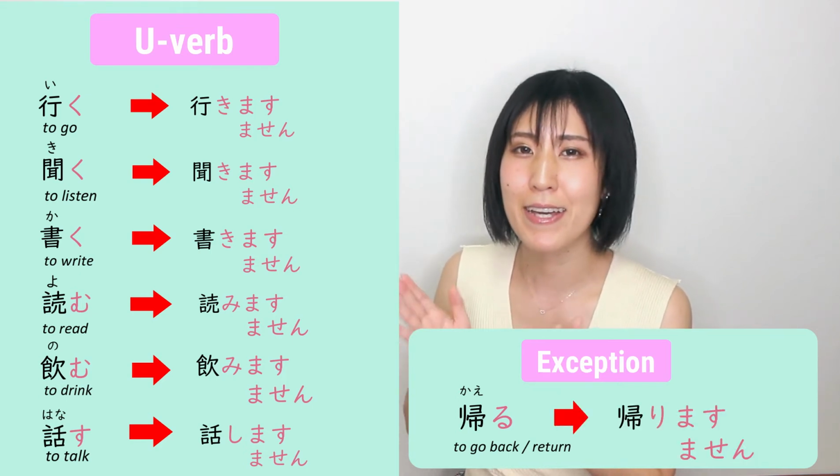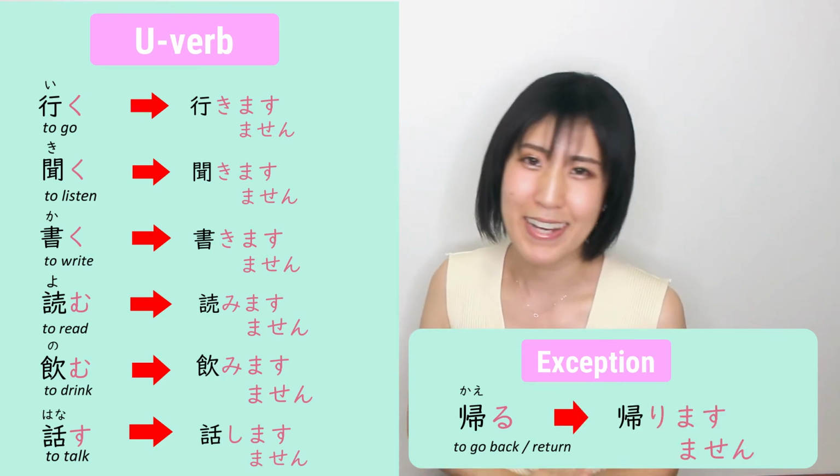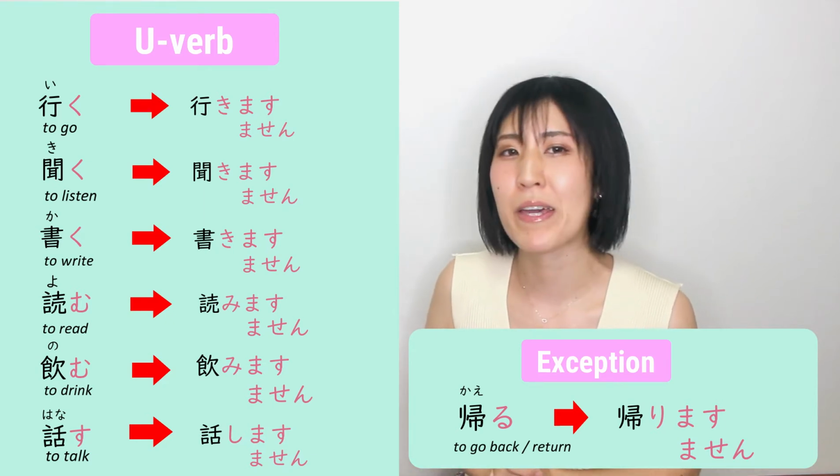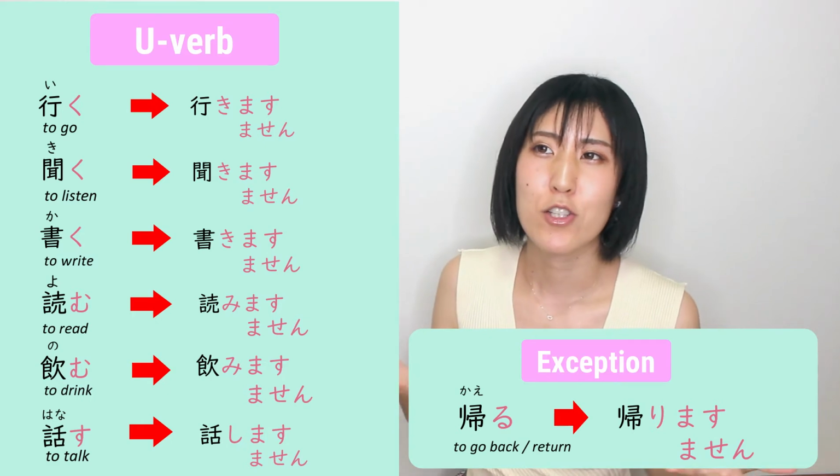Kaerimasu. Kaerimasen. Like this. Oh, by the way, some of my students asked me why you don't say the su sound in kaerimasu or ikimasu. We just don't really say it.